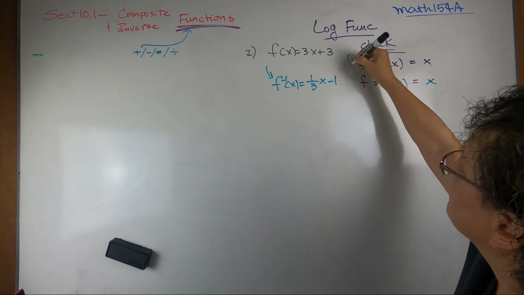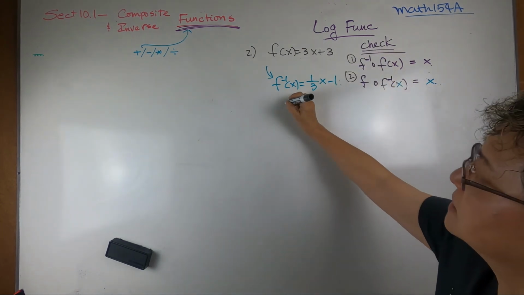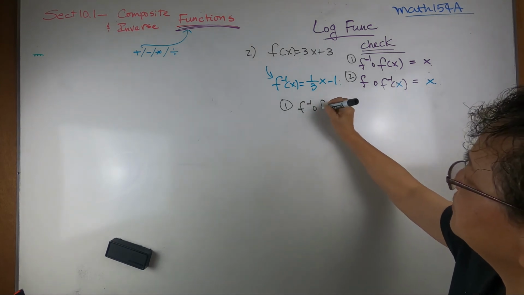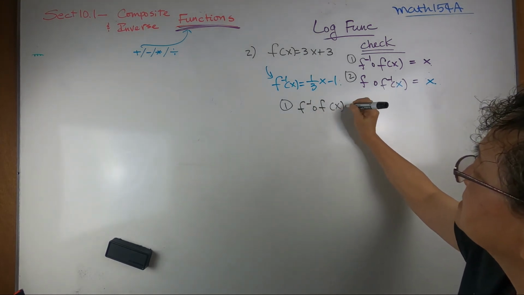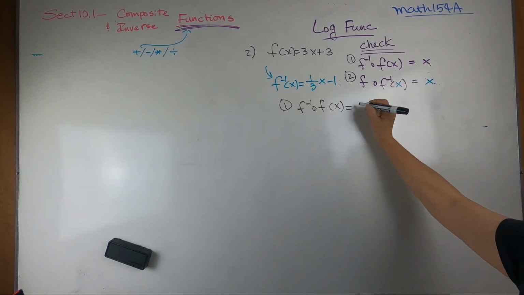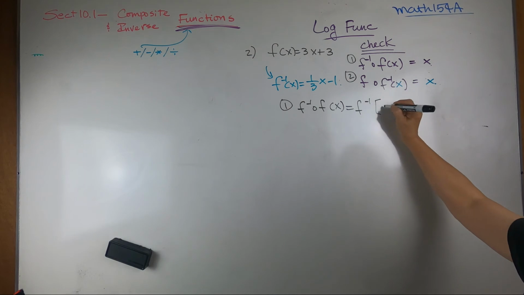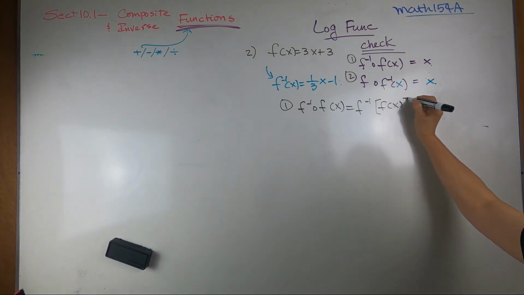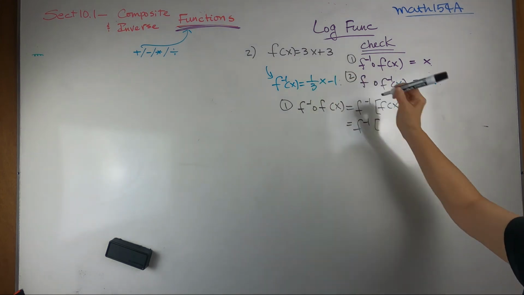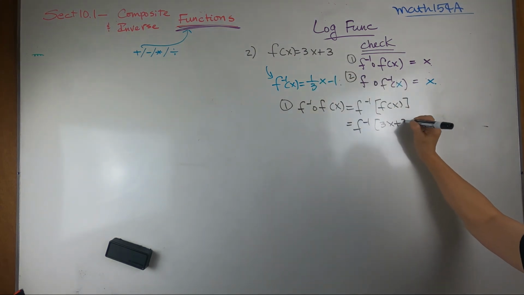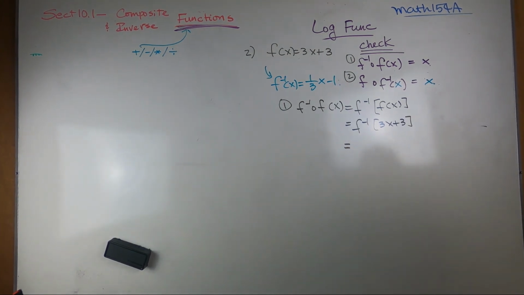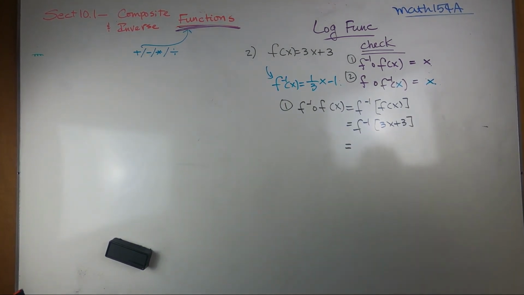So we have two things to check when you check. First thing, if you check F inverse of F of X, see if you can get it to X. How do you do it? We say you need to do F of X first, right? What's your F of X? 3X plus 3, right? Then how do you do the inverse one?